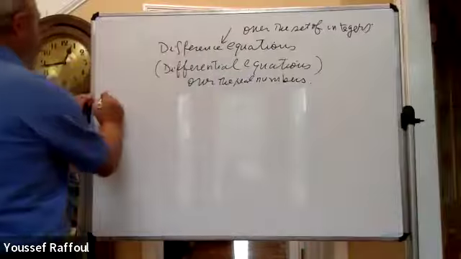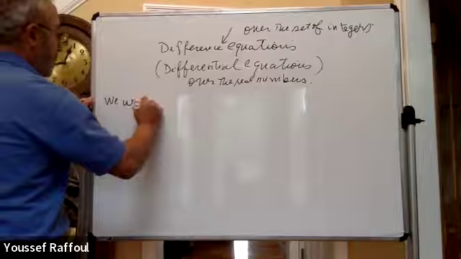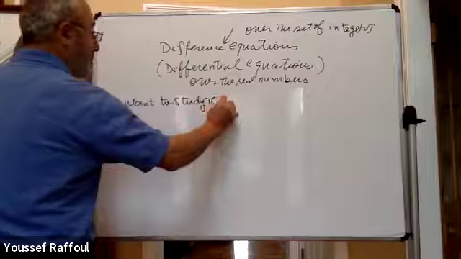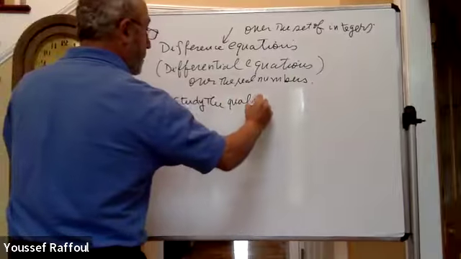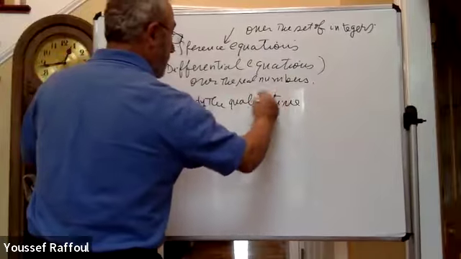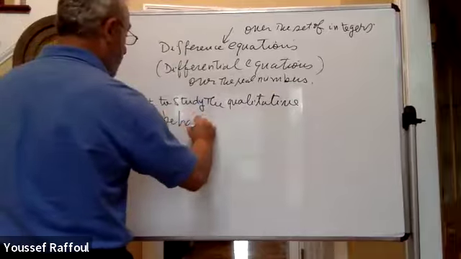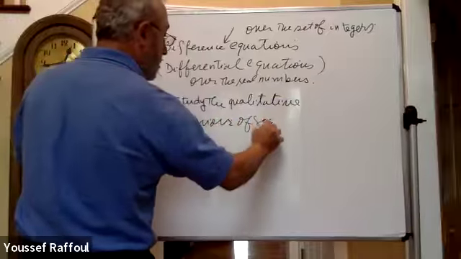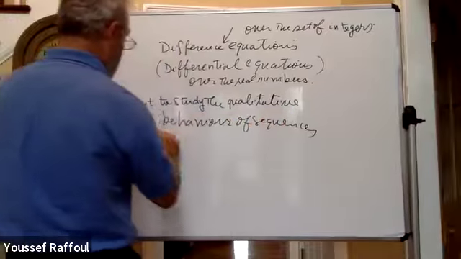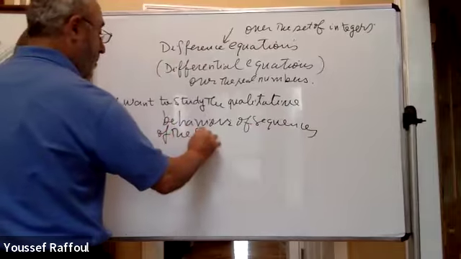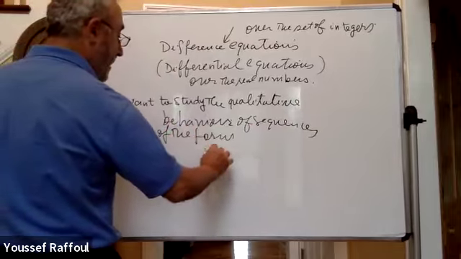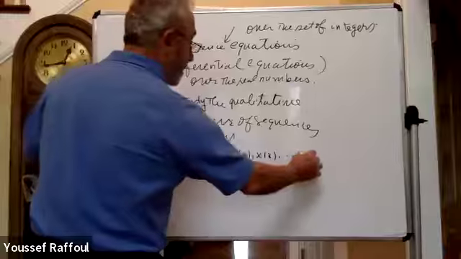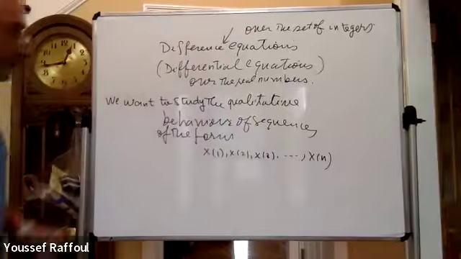So basically, we want to study the qualitative behavior of sequences of the form, say, x1, x2, x3, xn, and so forth.